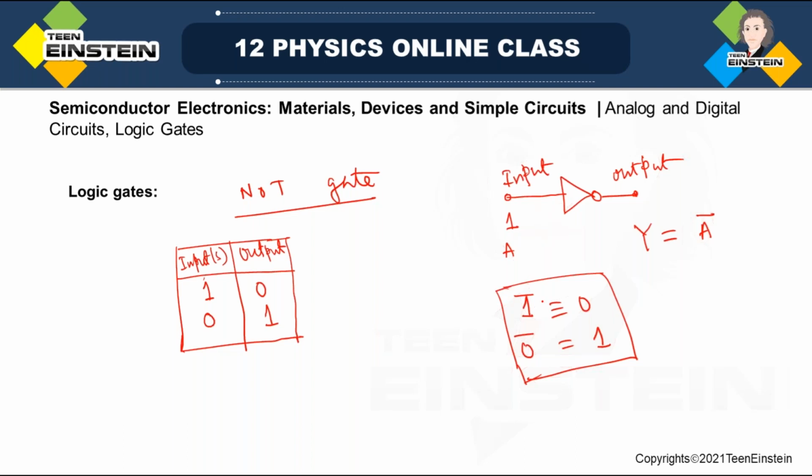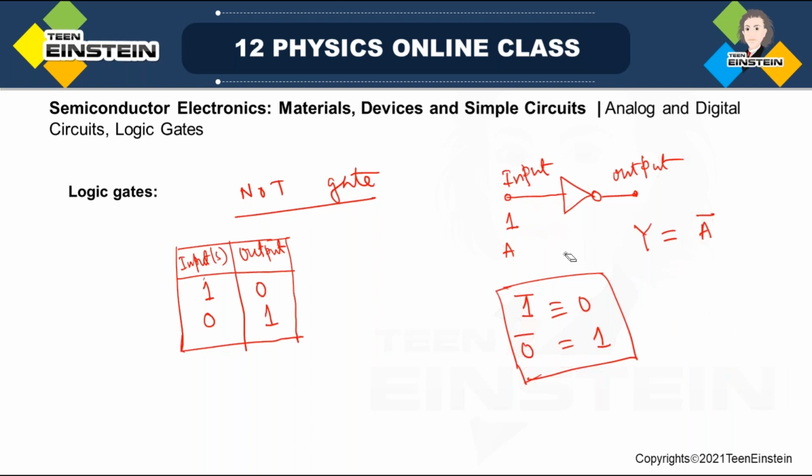If your input is at high state, then A bar means your input is at low state. Or B bar means input or output, whatever it is, at low state. If I simply write A or B, these are at high state.